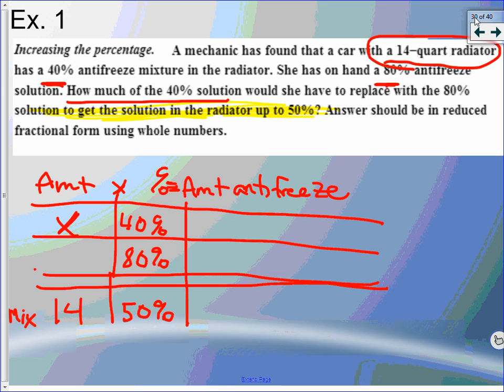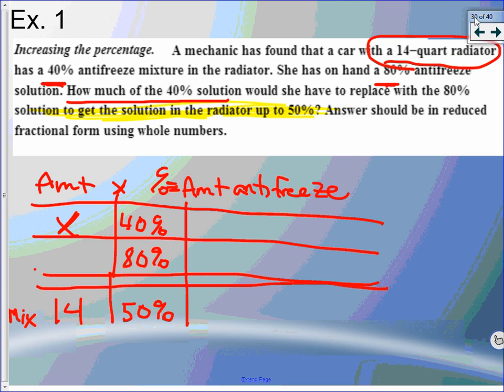Let's say, looking forward here, this was 5. If this was 5, how much would this have to be? 9, because they have to add up to 14. You're trying to fill up a 14-quart container. So if this one is X, what would this one have to be?